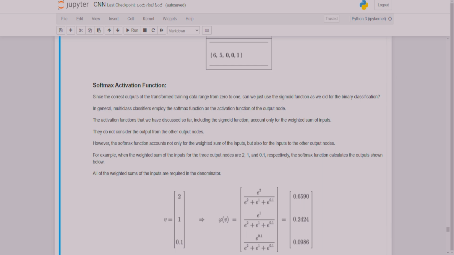But in a multi-class scenario, if my data set has n classes, I'm going to use n output neurons. For this case, 3 classes, 3 neurons. That means if I use sigmoid, I may get multiple ones in the output, which is not at all the desired case.